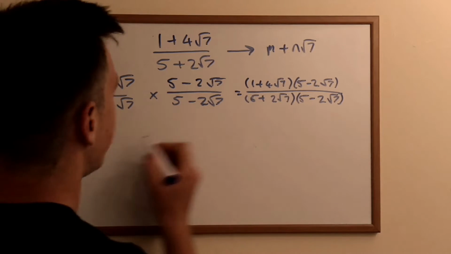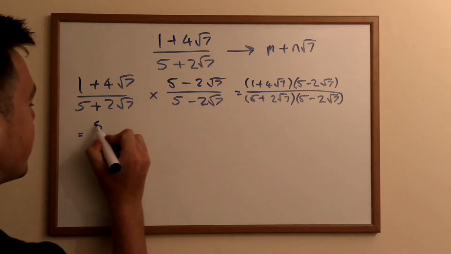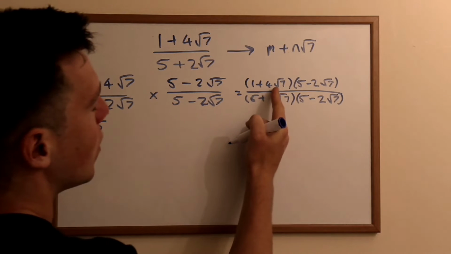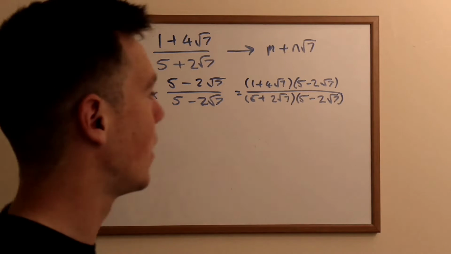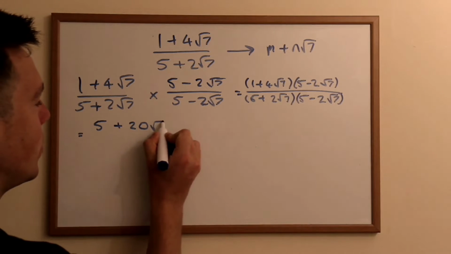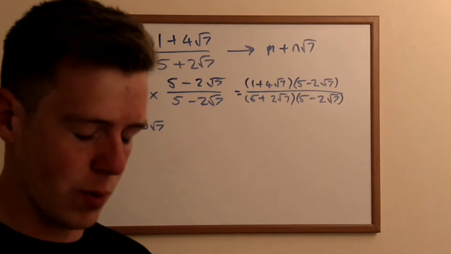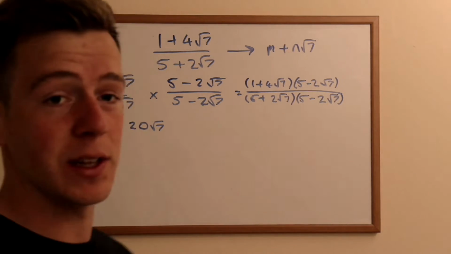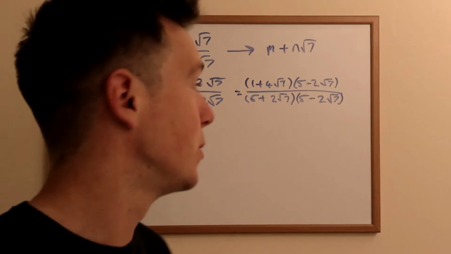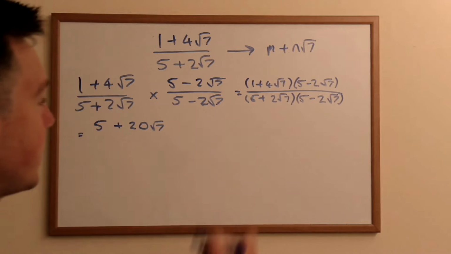So let's multiply these out. 1 times 5 is 5. 4 root 7 times 5 is plus 20 root 7, because we've got 4 lots of root 7 and we're having 5 of them in total, so 5 lots of them would be 20 lots of root 7 in total.